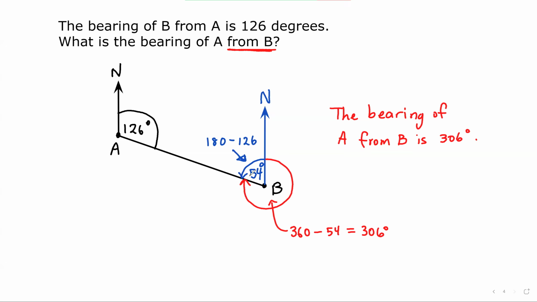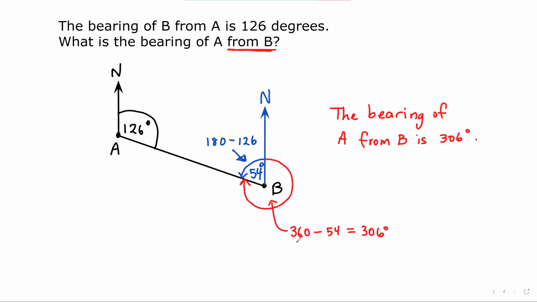So you use the principle that the two angles formed between the north lines will be supplementary, meaning they add up to 180 degrees. So you can find out what the inside angle is by doing 180 minus 126. And once you find what that angle is, you can find the bearing because there are two angles around a point. So you just do 360 minus 54. That would give you your answer.